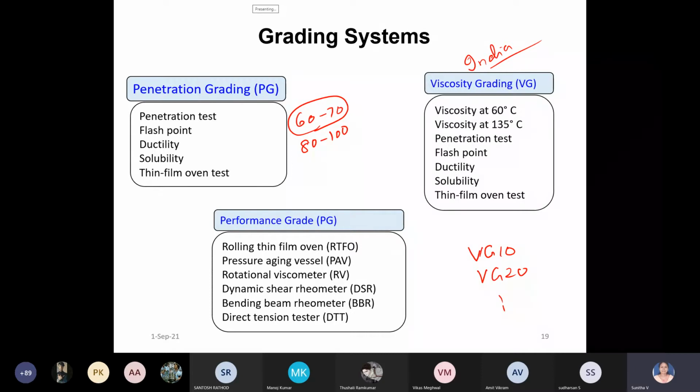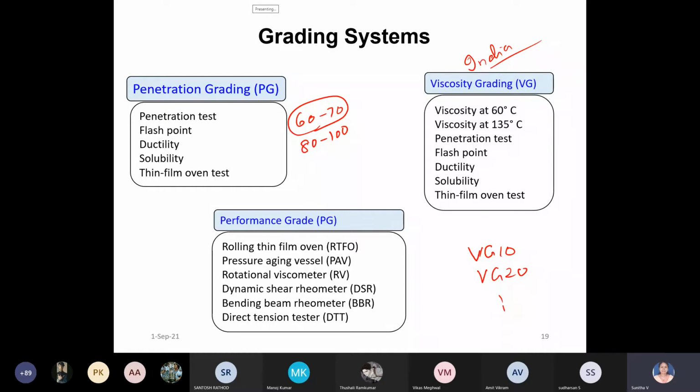Suppose the temperature is very low. I told you I wanted to check the properties of the bitumen to be used in Srinagar, where the temperature is very low. It's not possible for me to conduct the rotational viscometer test, because I wanted to know the properties when the bitumen temperature is very low. So it will be very hard.